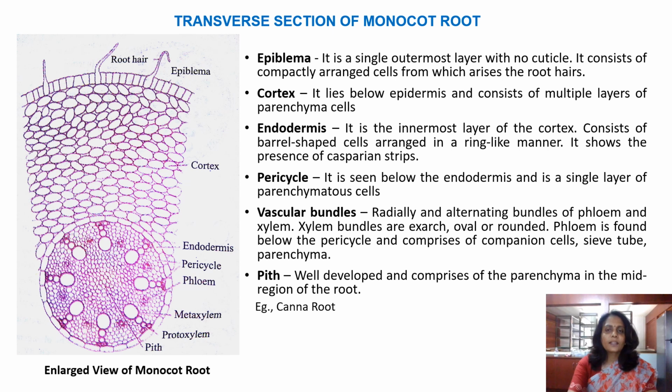Let us now look at the internal structure of a typical monocot root. Some examples of monocot root are the canna root, banana root. All these are examples of monocot. The internal structure of the monocot root shows the presence of the outermost layer, just like what we saw in case of the dicot root, that is the epiblemma, which is made up of single layer of cells which are compactly arranged and which gives rise to the root hairs.